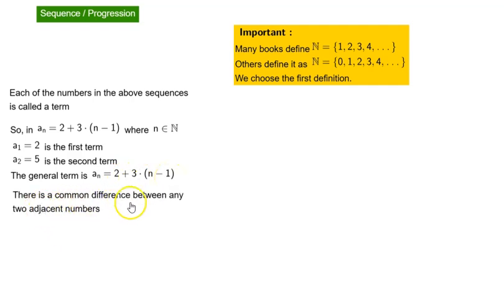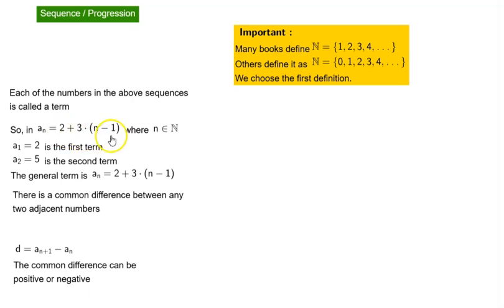Now, there is a common difference between any two adjacent numbers. So we write it as d is equal to a sub n plus 1 minus a sub n. And this common difference can be positive or negative.